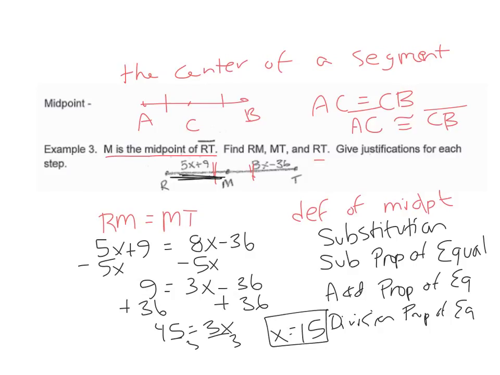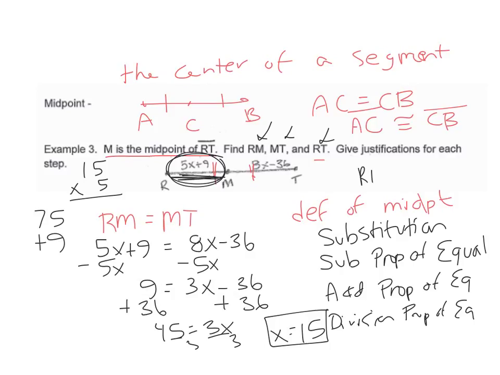But I need to find RM, MT, and RT. So if I plug 15 right here in, it's 15 times 5, which is 75, plus 9. So 75 plus 9 is 84.